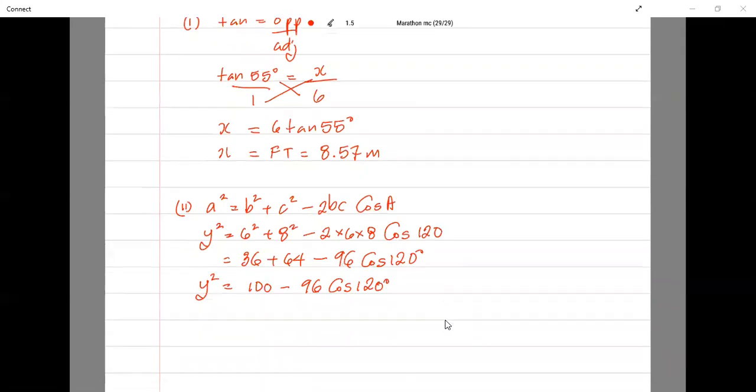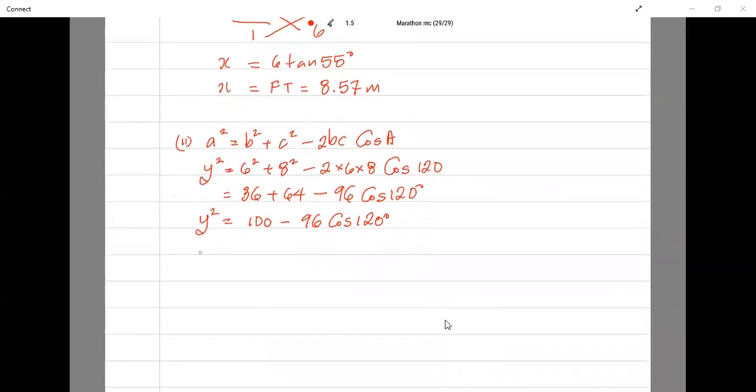All right. Now, the opposite of square is square root. So y would be equal to the square root of 100 minus 96 cosine 120. You're going to put this in a calculator, and you must remember the brackets. So y would be equal to the square root of, open bracket, 100 minus 96 cosine 120, close bracket, then you press equal.